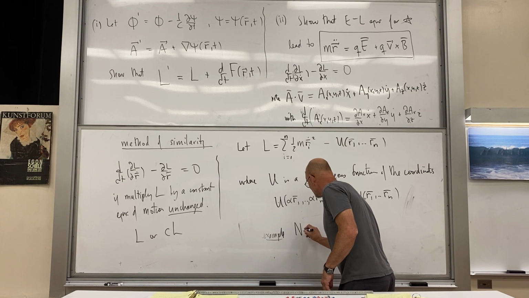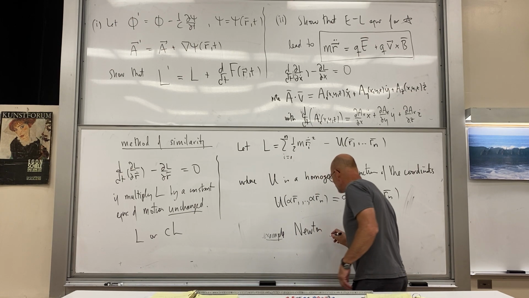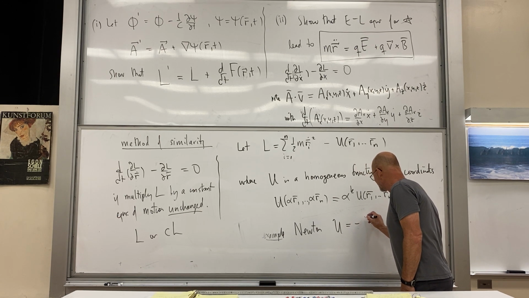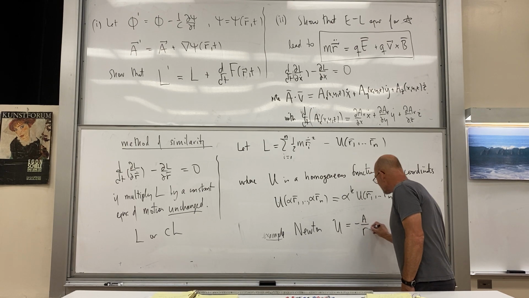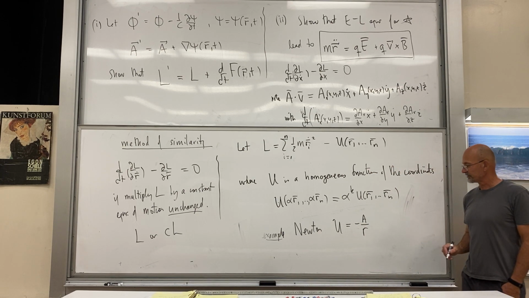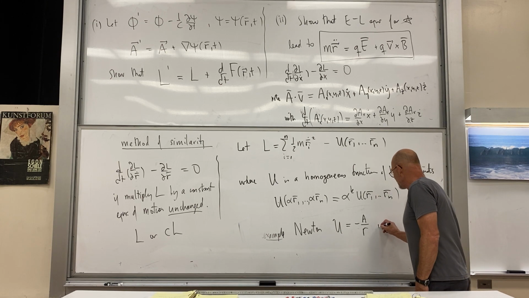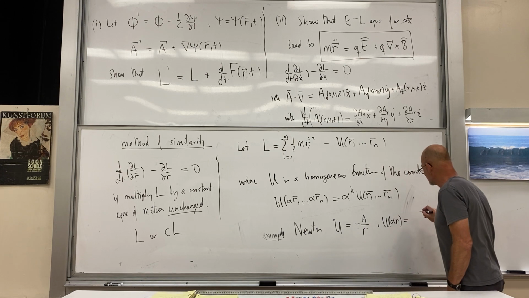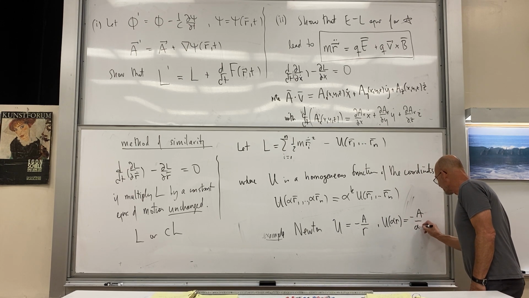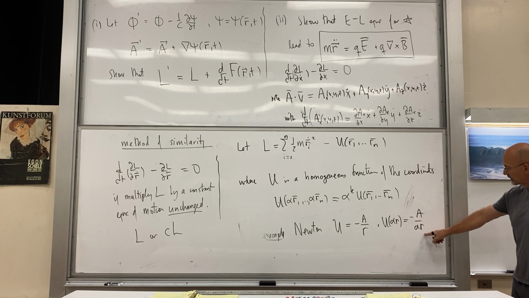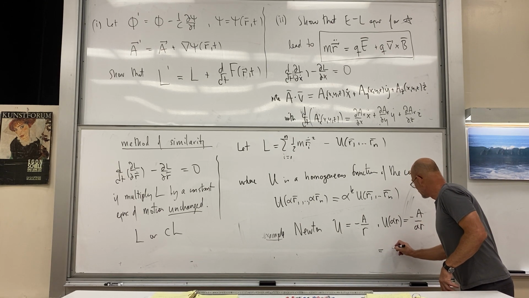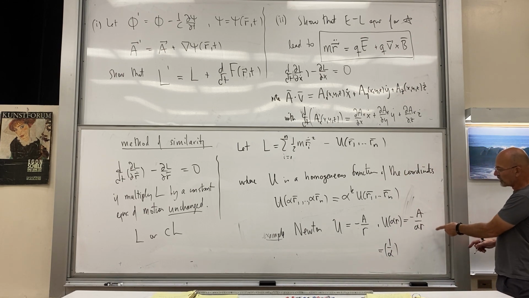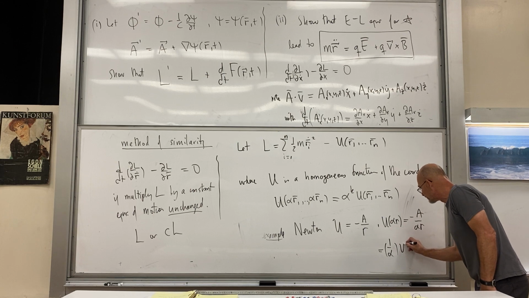Newton potential: U is equal to minus A divided by R. Then U of alpha R is equal to minus A over alpha R. I just substituted. That is equal to 1 over alpha times minus A over R, which is 1 over alpha times U of R.